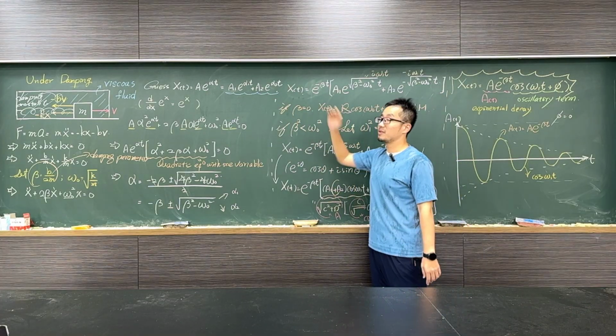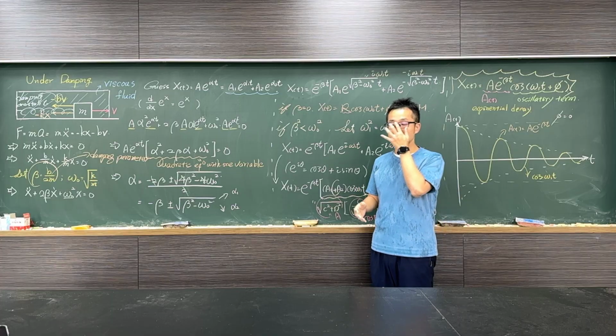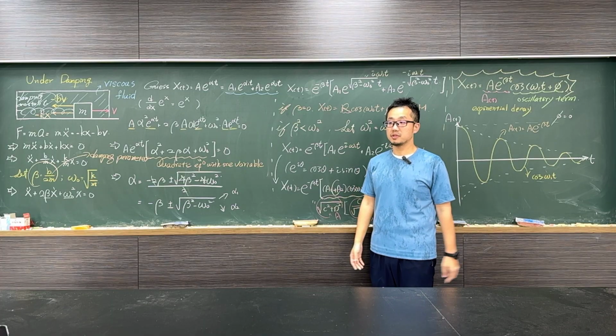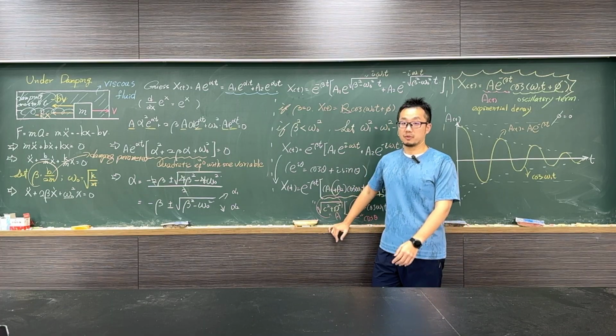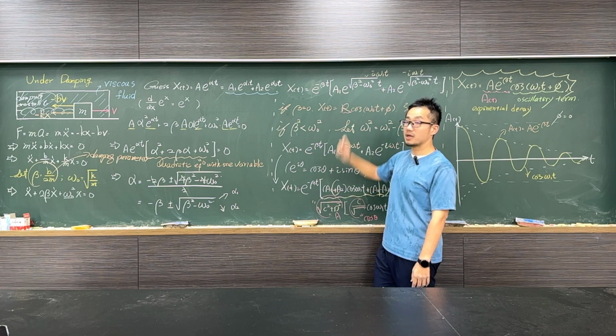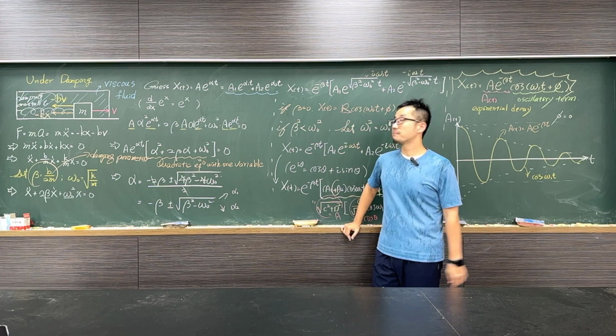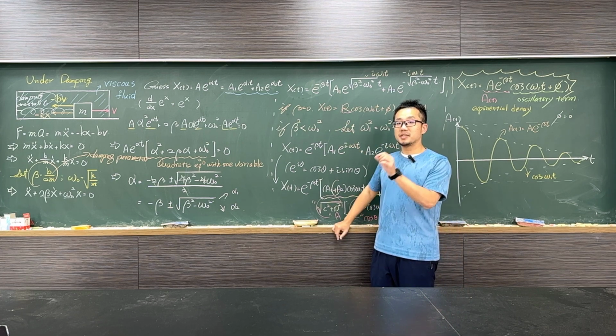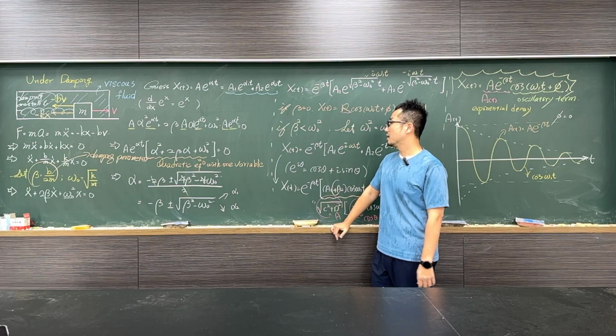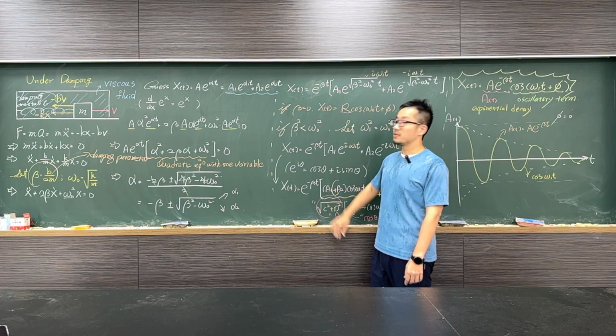We can further discuss the case for simple harmonic motion. If there is no damping constant, there are no resistant forces, and it's actually a simple harmonic motion. It's not hard to find this final solution. You can try to do it by yourself. But if the beta does exist, and the beta square is less than the omega naught square.